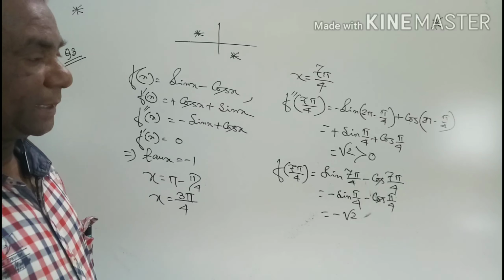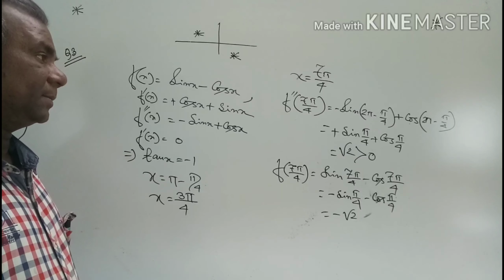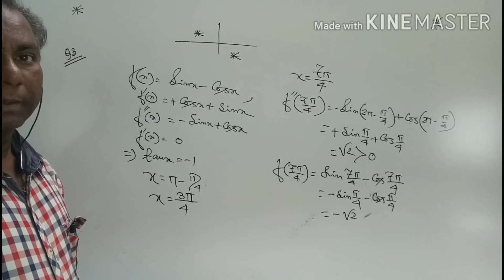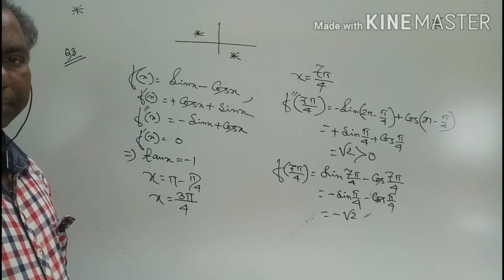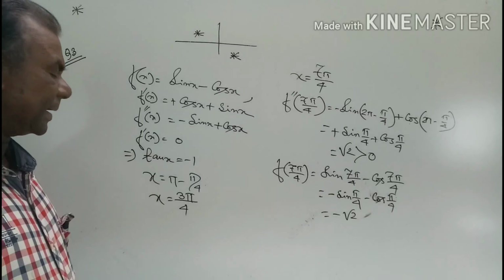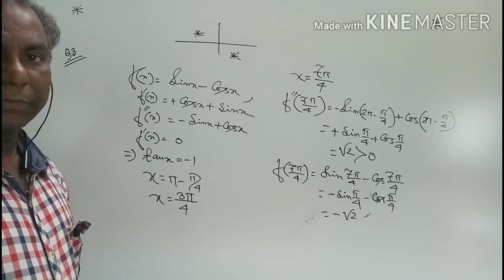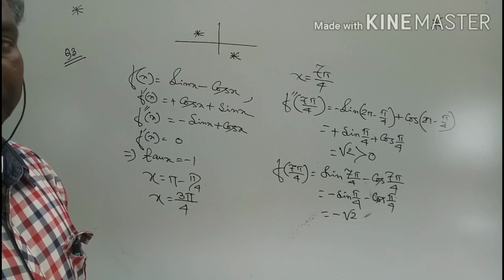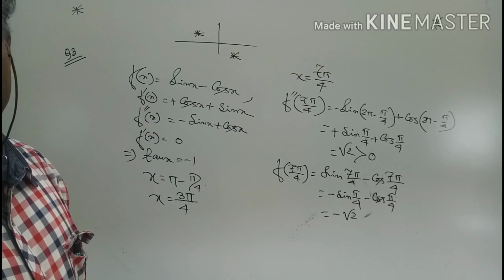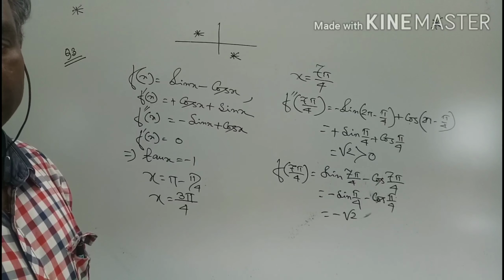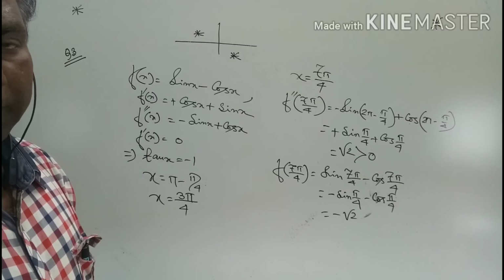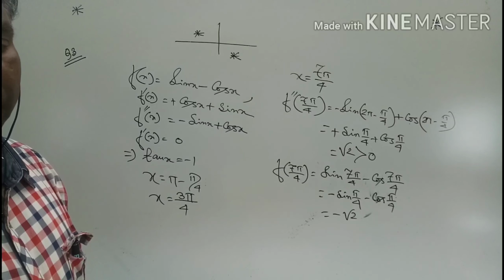In this way you have to answer. Remember this problem will be a little bit lengthier but easy, very mechanical. First you find f dash x, then f double dash x, then f dash x equal to 0, find the values of x, put those values of x in f double dash x, and see whether it is less than, greater than or equal to 0.